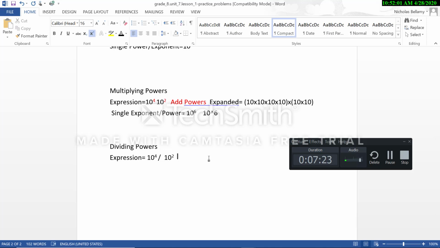The rule here is you subtract powers. I subtract the powers. Okay, so same thing. Let's make this red.